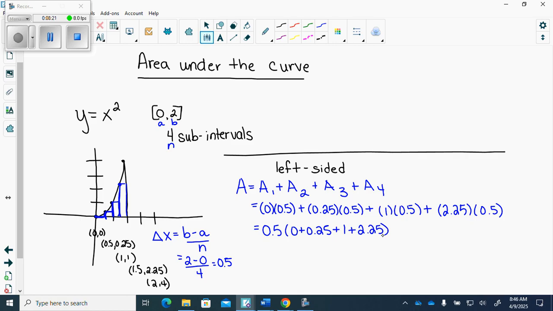Could I have just done the math though too? Yes. So here this would be 0.5 of 3.5. What's half of 3.5? 1.75. So that would be my units there.